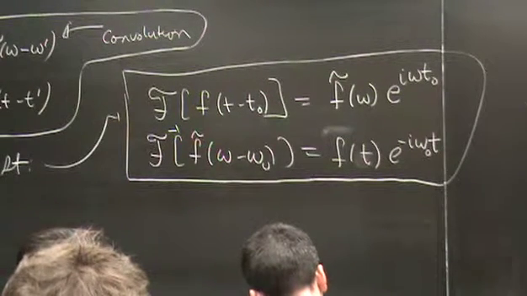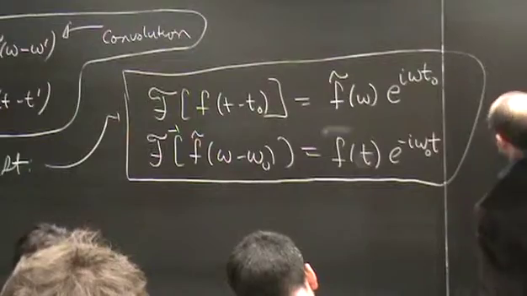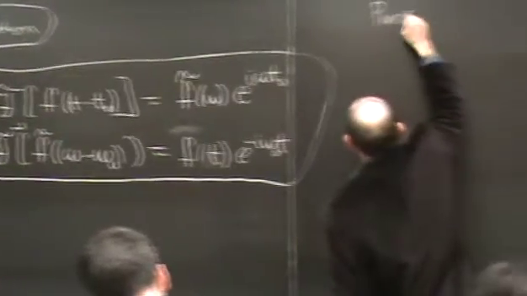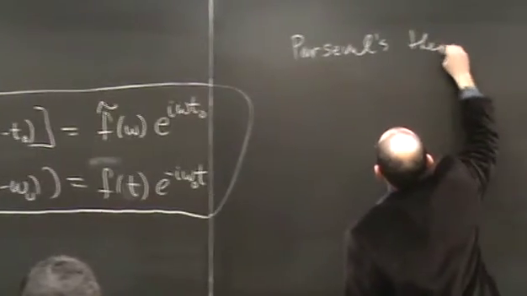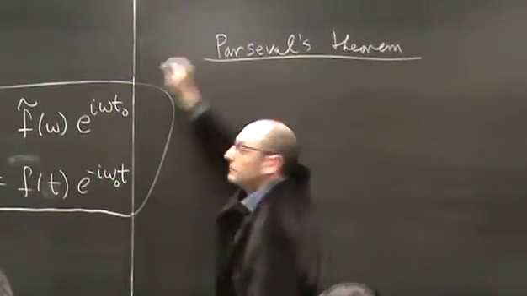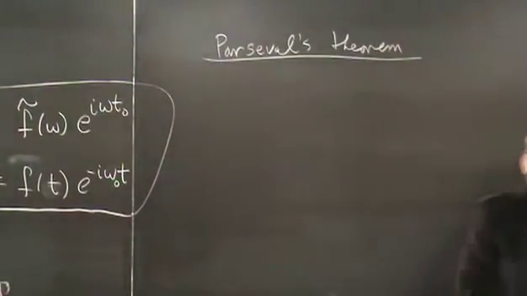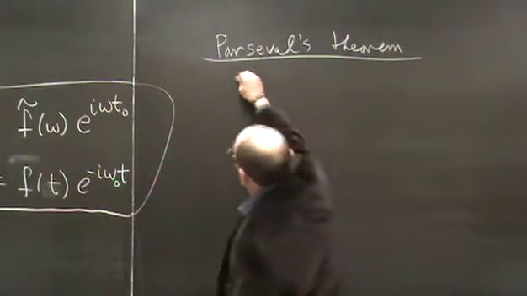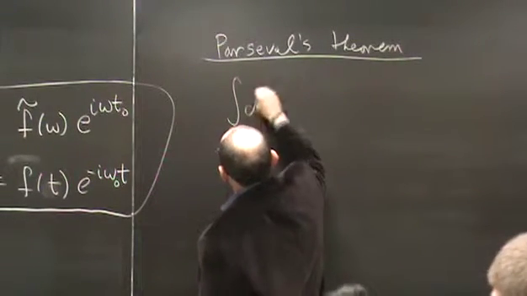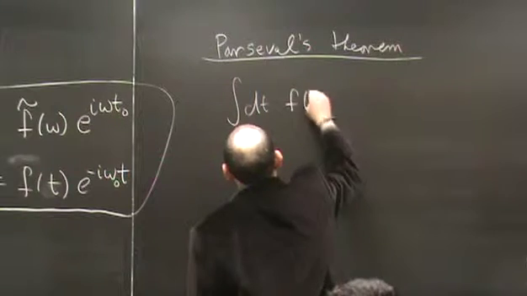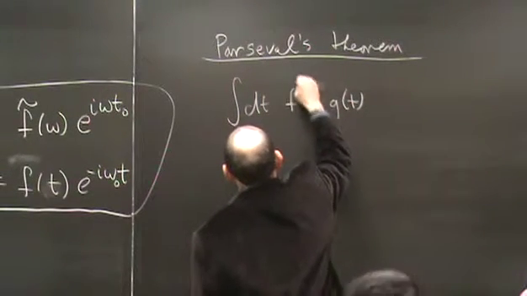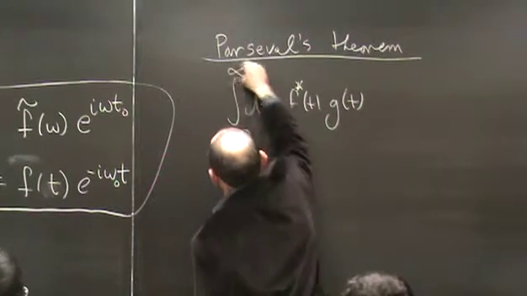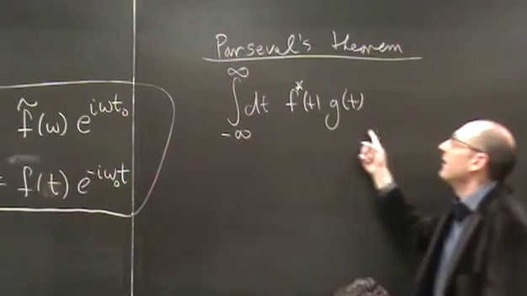Let's see. Next, last, and most general thing I want to say here is about Parseval's theorem. So Parseval's theorem says something about the total integrated, this is a kind of inner product.